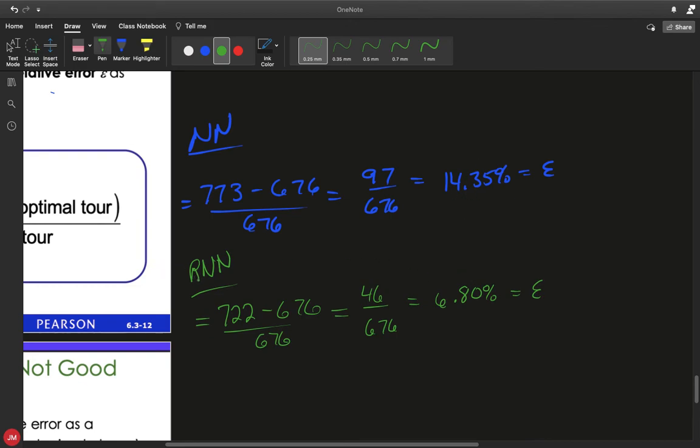So you could almost say that repetitive nearest neighbor is twice as effective as the nearest neighbor, at least for this particular example that we are looking at. In fact, in general, repetitive nearest neighbor will be better than nearest neighbor unless the nearest neighbor just happens to be the best route. Then it might just be that they are equal to each other. But in general, repetitive nearest neighbor will be slightly better than nearest neighbor.